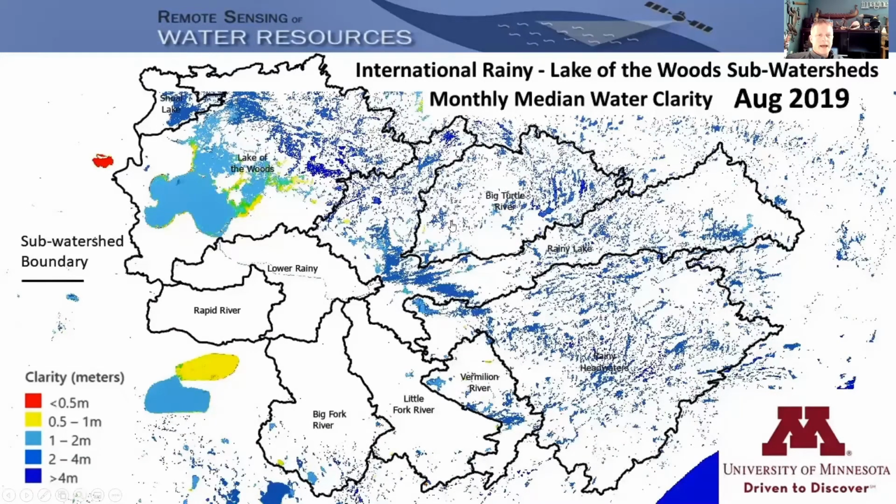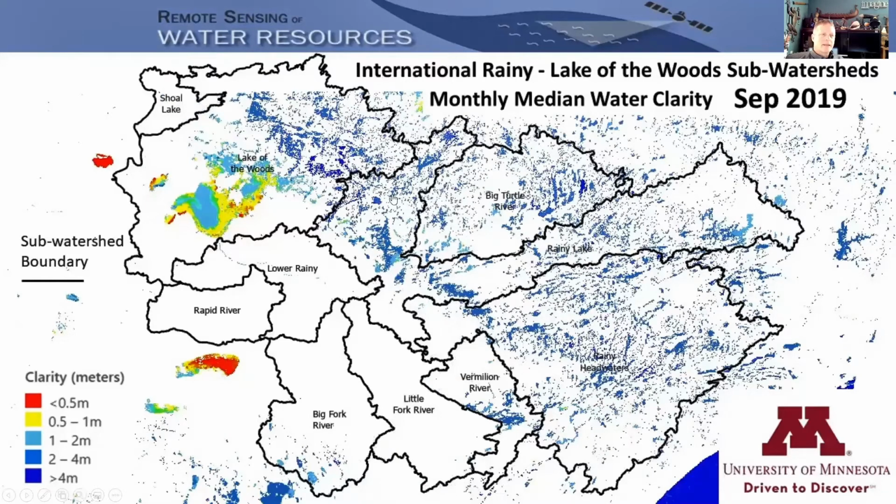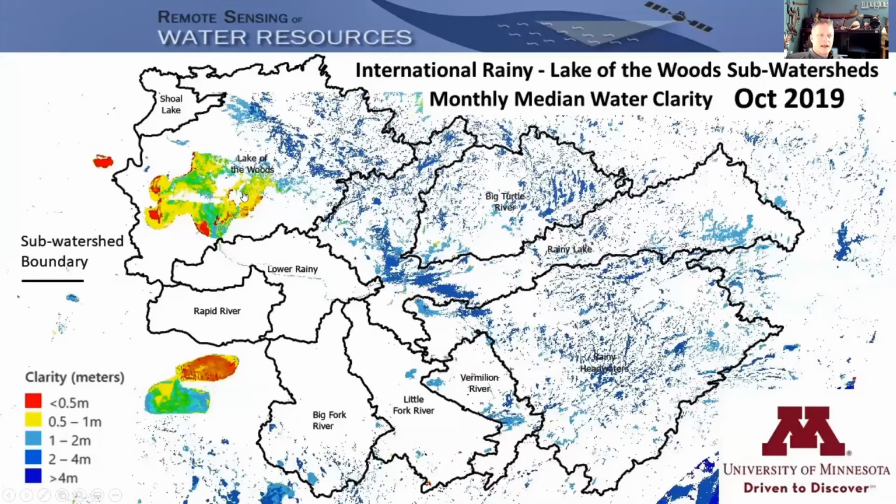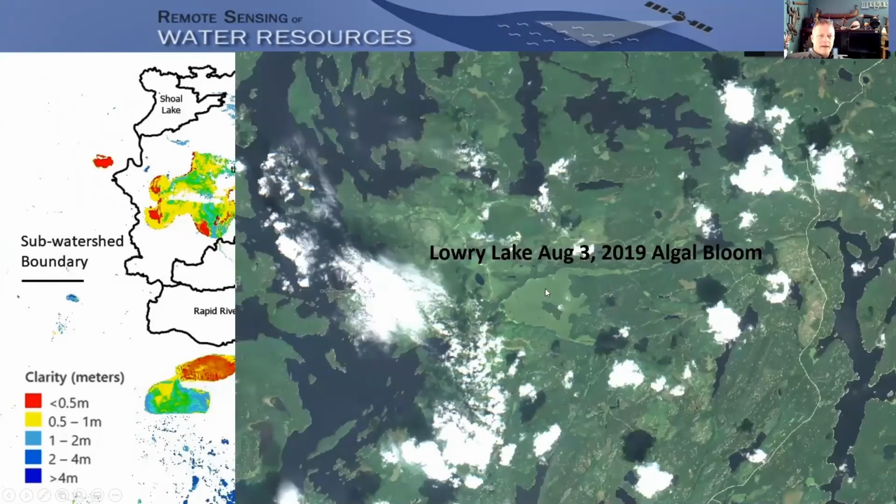There's this one little red dot here that shows up for all these little lakes. There is a lot of activity, a lot of algal blooms in Lake of the Woods, which is well known. And then Upper Red. But for the most part, this is a pretty pristine area, just lakes and forest wetlands. And so that one dot that showed up, we took a closer look at the imagery, and we found, yep, there was a bloom that day.